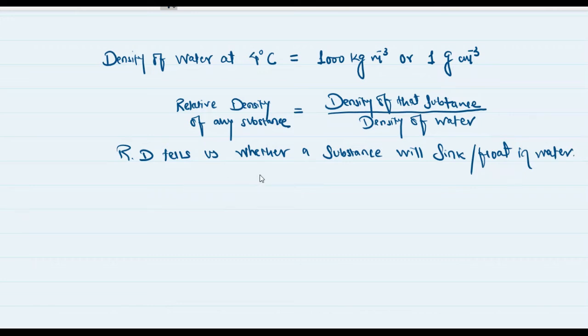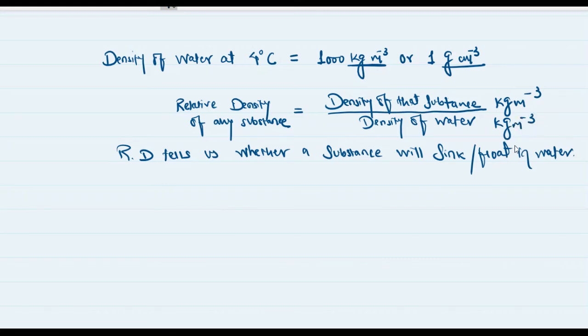Now, first, for finding relative density of any substance, you should always remember that whether you take the unit of density of any substance as kg per meter cube or gram per centimeter cube, the density of water should also be the same, that is kg per meter cube or gram per centimeter cube. So if you take the density of a substance in kg per meter cube, the density of water has also to be taken in kg per meter cube.